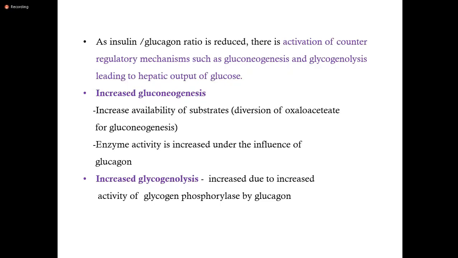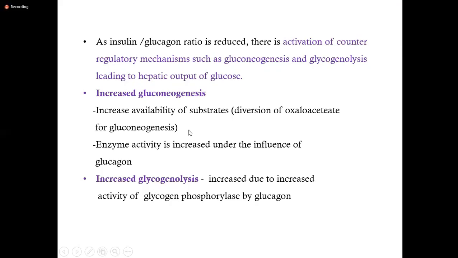We explain reduced uptake, then we explain increased gluconeogenesis, and then coming to glycogenolysis. Due to the change in this insulin to glucagon ratio, or the reduction of that ratio, there is increased activation of the glycogen phosphorylase enzyme in the liver, which is necessary for the breakdown of stored glycogen in the liver.